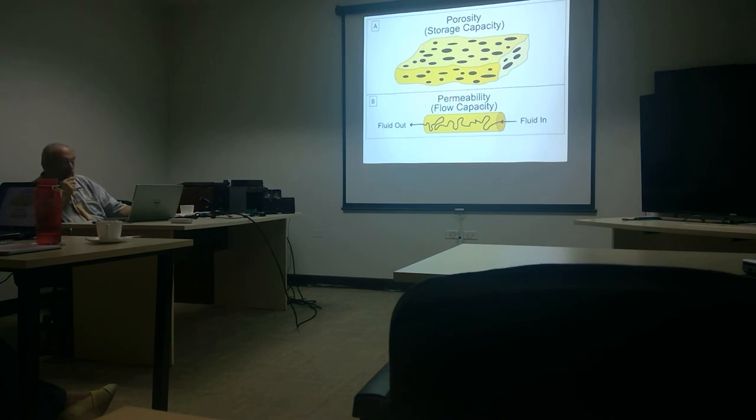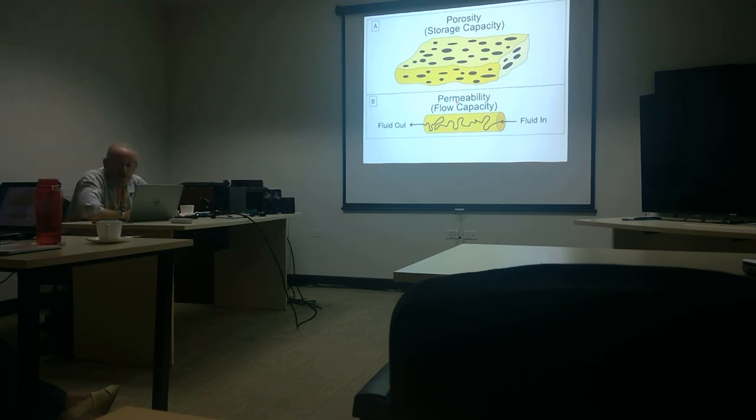Here, permeability is measured by the rate of flow of fluid through a sand, like a cork plug. So you inject fluid here, and then it comes out here, and this may be the travel path, a very tortuous travel path, as the fluids go between the pore spaces.